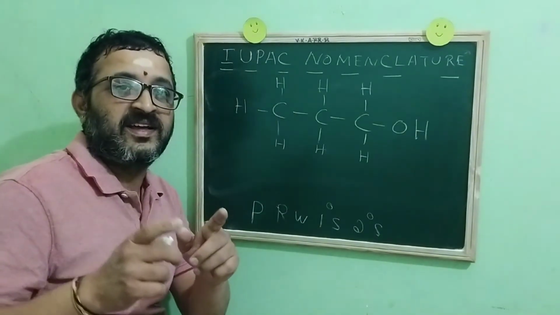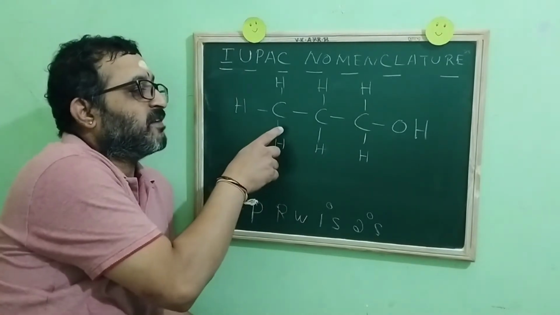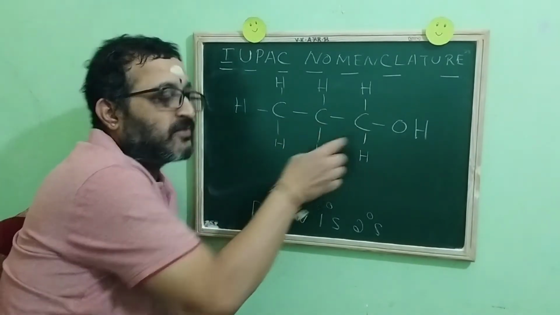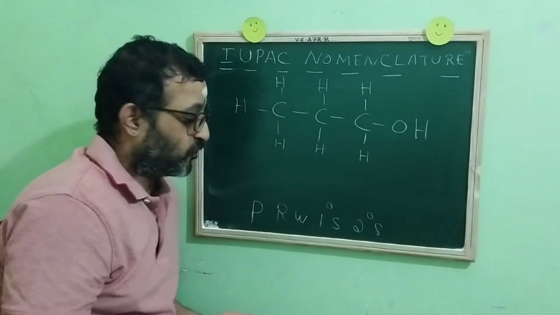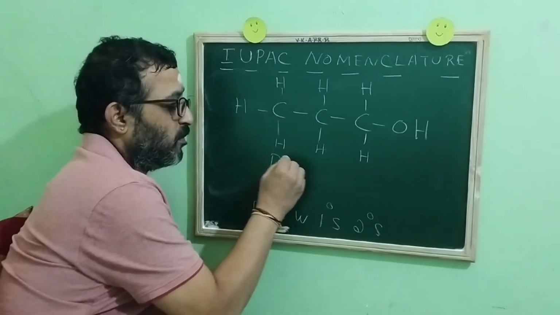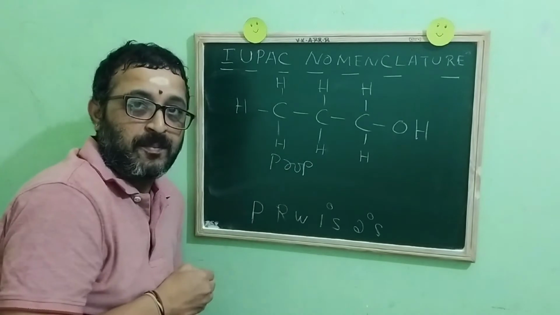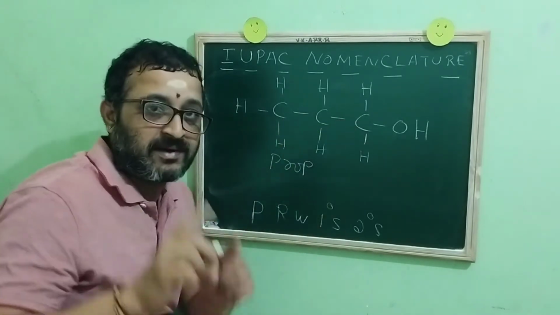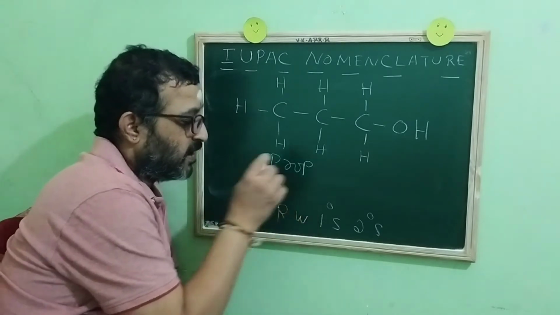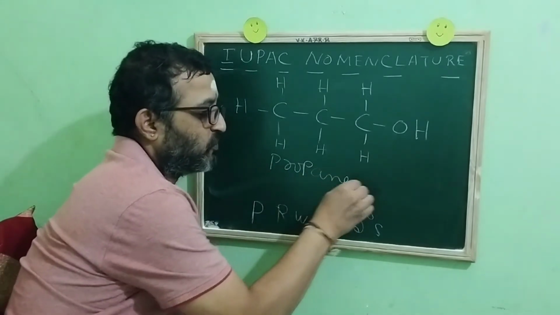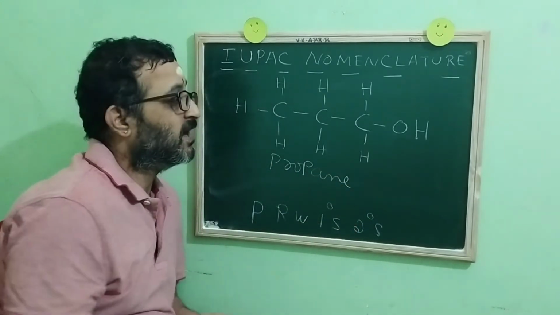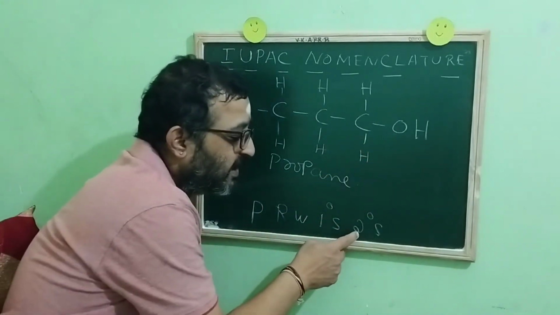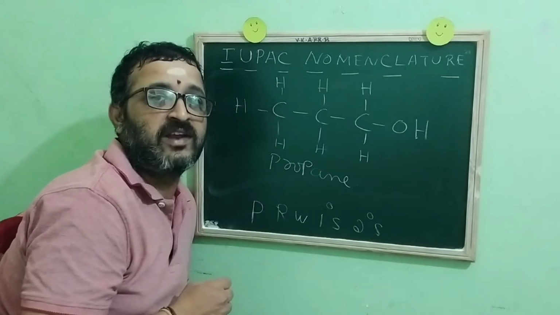Okay, children. The next compound is something like this. See, in this compound we have 3 carbon atoms. So the root word for this compound will be what? Prop. And between carbon and carbon, we have a single bond, and the primary suffix we are supposed to write is what? A, but we have a dash in this compound. We have a secondary suffix, that is the functional group.